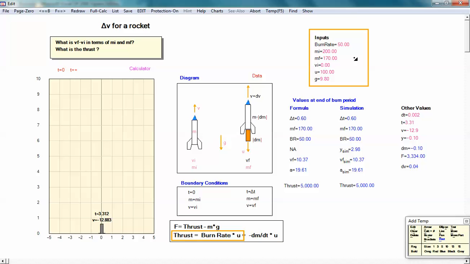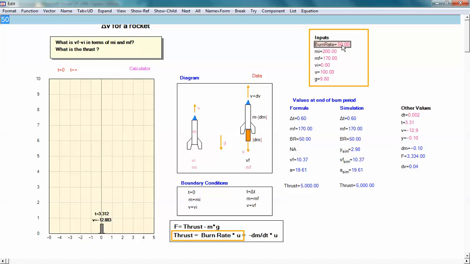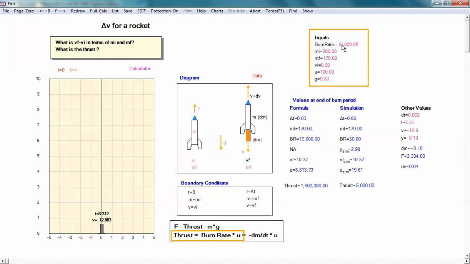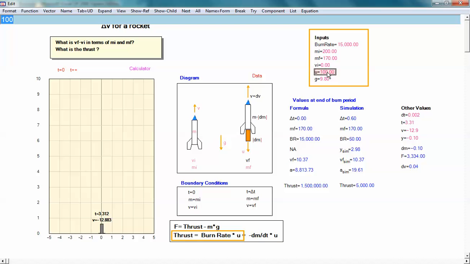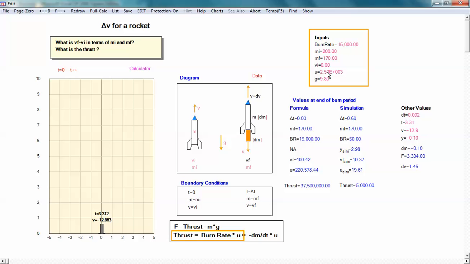And just to put a little real-world flavor in this, according to Walter Lewin, the burn rate of the Saturn rocket was 15,000 kilograms per second. So that's the Saturn rocket, 15,000 kilograms per second. And the u, or the velocity at which the exhaust was being propelled, was 2,500 meters per second.